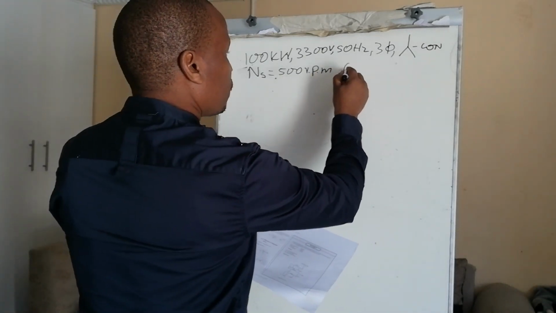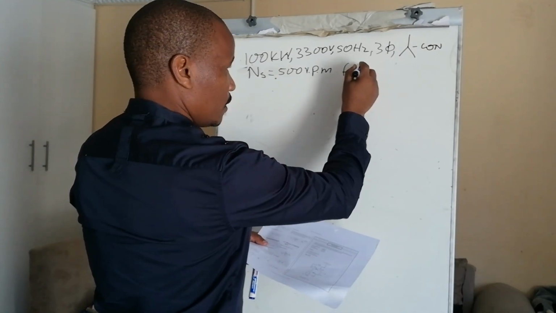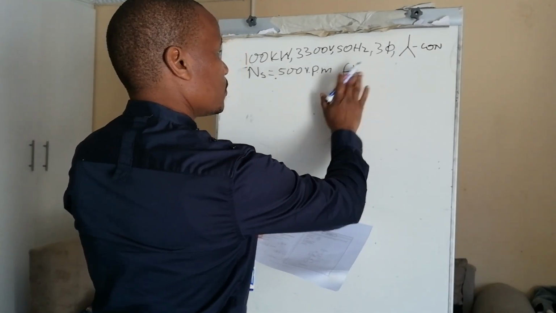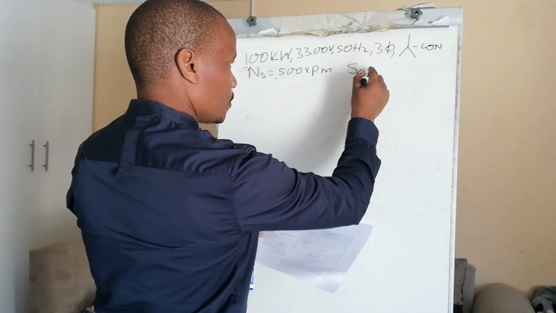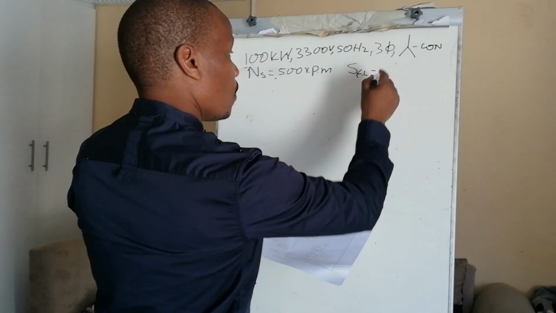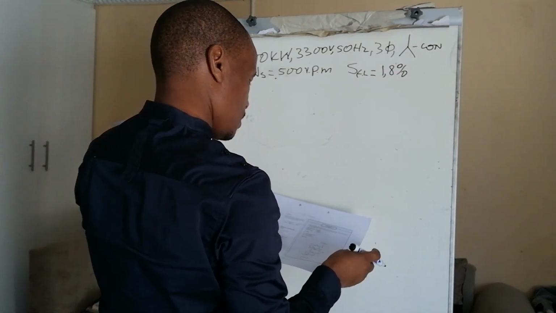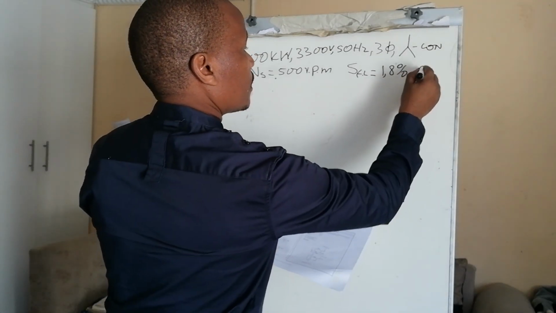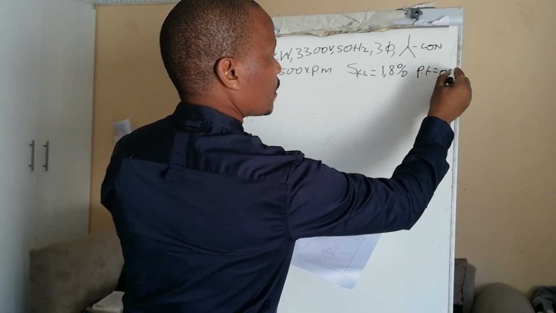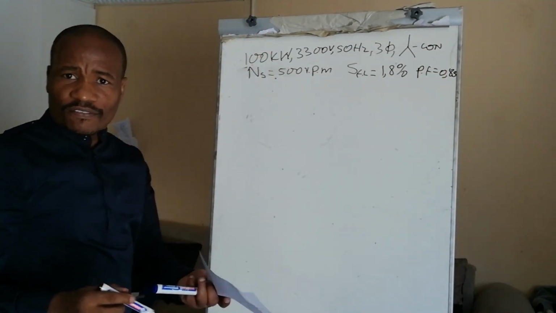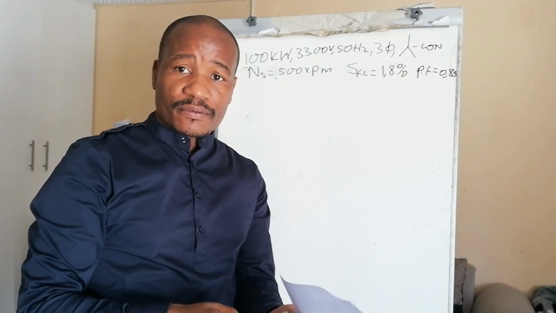And this is the full load slip, or let me put it this way, the slip at full load is equal to 1.8%. And it has a power factor of 0.85. This 0.85 is actually the standard power factor of South Africa.